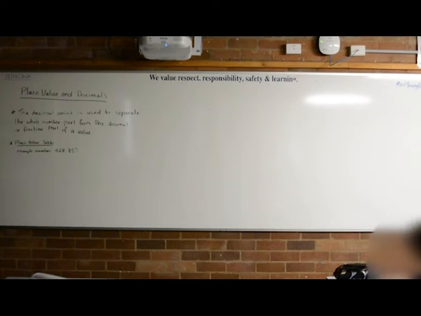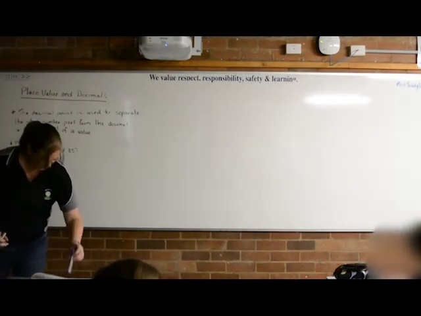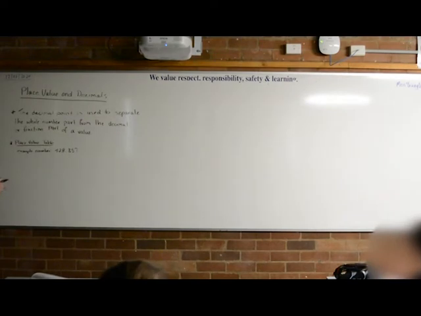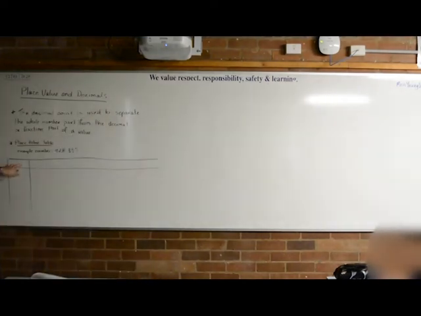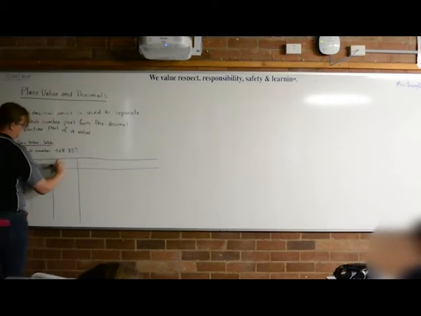We're going to draw up our table. It's going to have 7 columns. Columns go up and down. First column is going to be hundreds. Then we have our tens, our units.